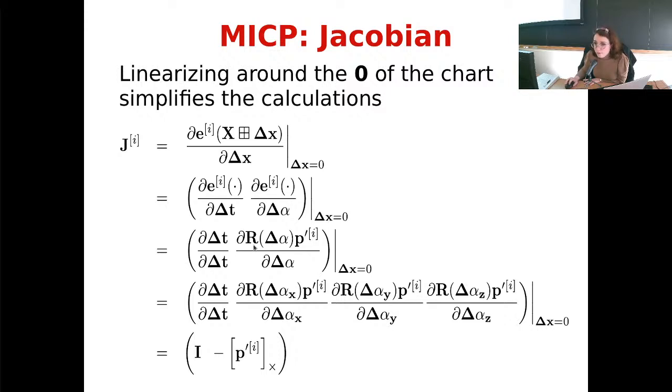And equivalently, delta t does not depend on delta alpha, so that the derivative of the error with respect to delta alpha is given by the derivative of R(delta alpha) p_i prime with respect to delta alpha.